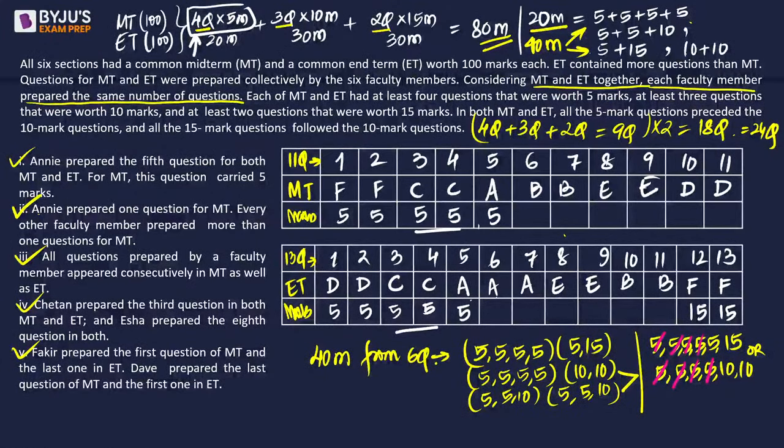D also 20, B also 20, E also, hold on. No, marks by every faculty can be different, right? Very much possible.